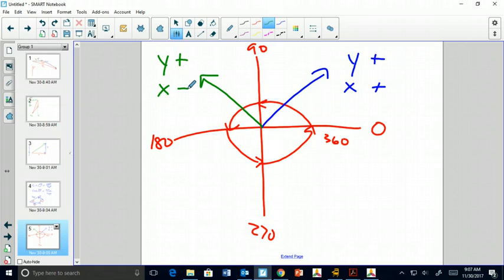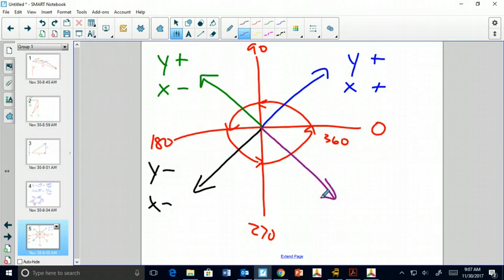And you can, of course, make the same pieces down here. Down here, sorry, different color. This would be what? Y is negative and x is negative. Cool. And I'm running out of colors, but we'll use this one. How about this one?